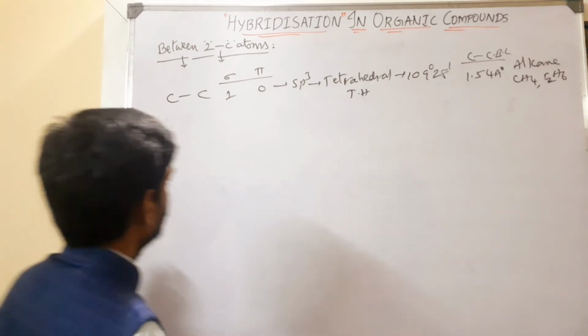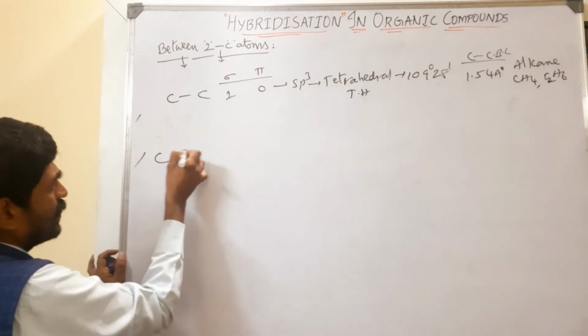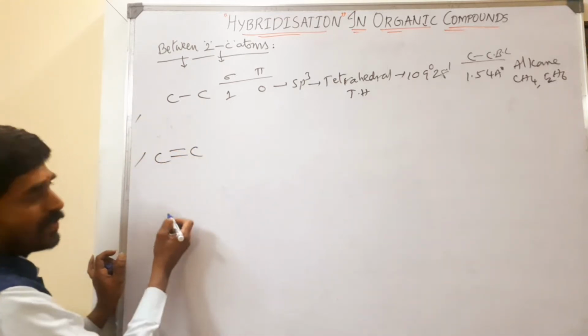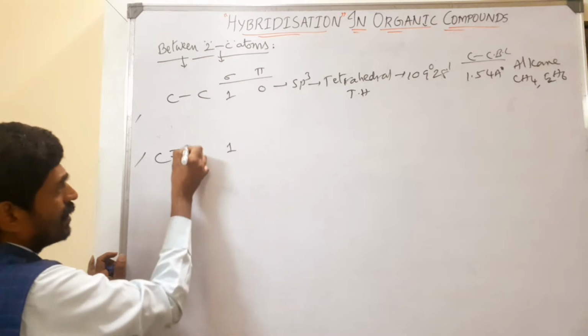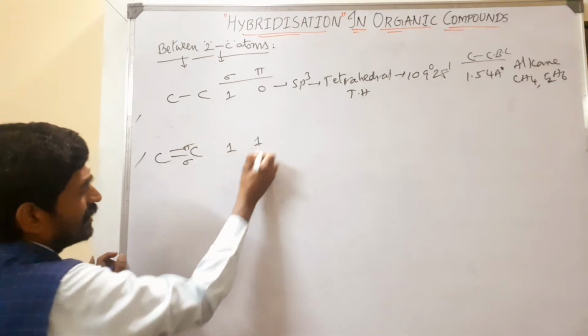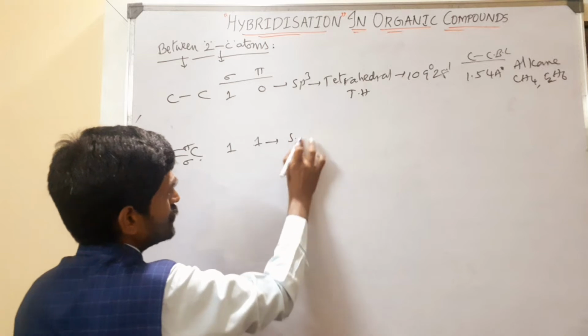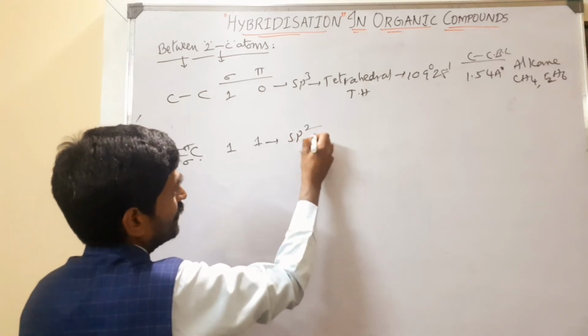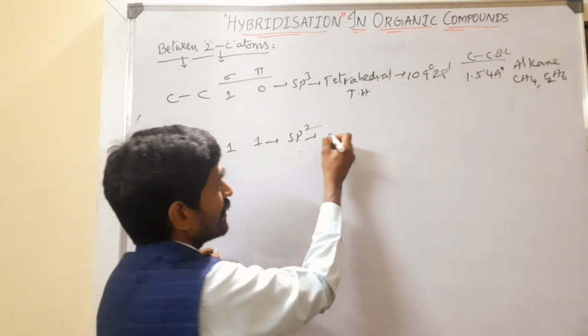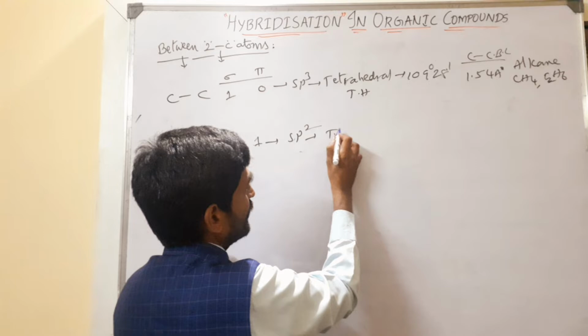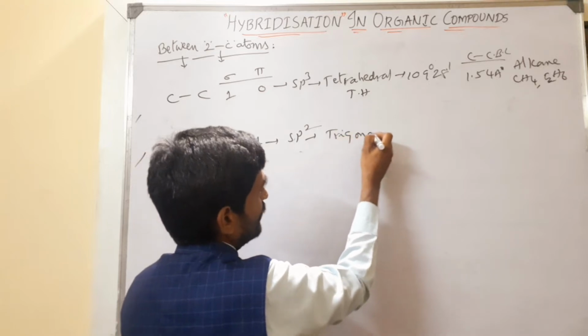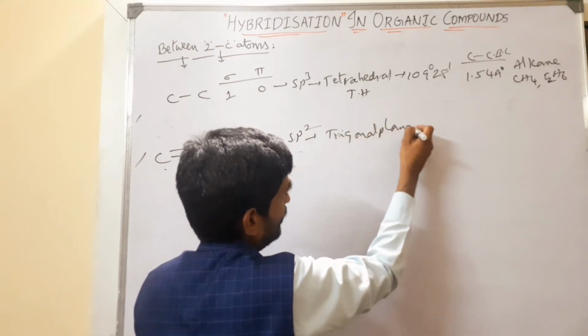Next, between two carbon atoms, two bonds are present. One is a sigma bond, the other is a pi bond. Then that carbon atom undergoes sp2 hybridization and has trigonal planar geometry, or simply we call it planar geometry.